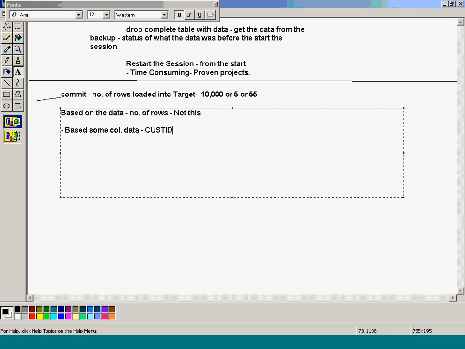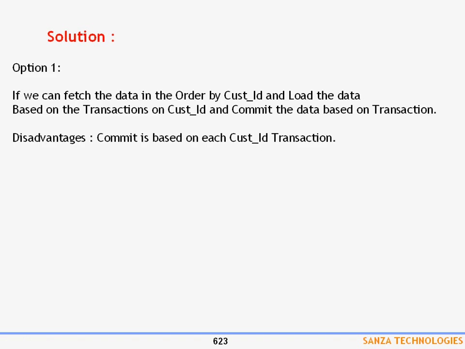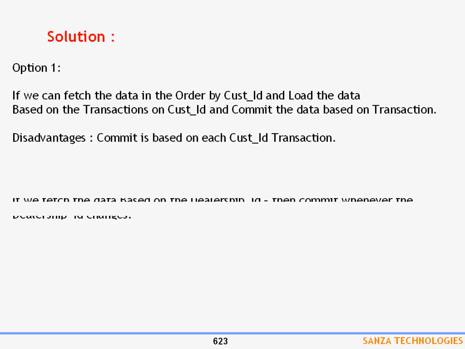Based on customer ID data, I may commit it, or based on dealership ID data, I want to commit it, not on the number of rows loaded into the target table. This way I can reduce my reload process. So, based on some column data, like after every customer ID I load, I send a commit to the target table. If you can fetch the data based on customer ID and load the data based on the transaction on customer ID, you are committing the data on customer ID.